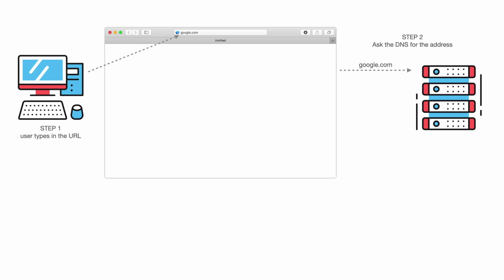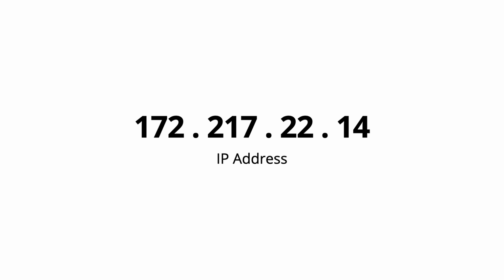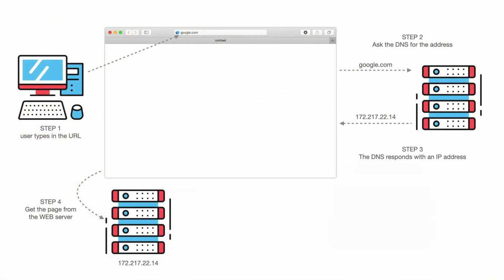Based on the URL sent by the browser, it responds with an internet address, also called an IP address, which looks like this. It's just 4 numbers from 0 to 255 separated by dots. And that IP address is the exact address of the machine that holds the page content for google.com or mixandgo.com or whatever their website is. But more importantly, it is an address that computers can understand.